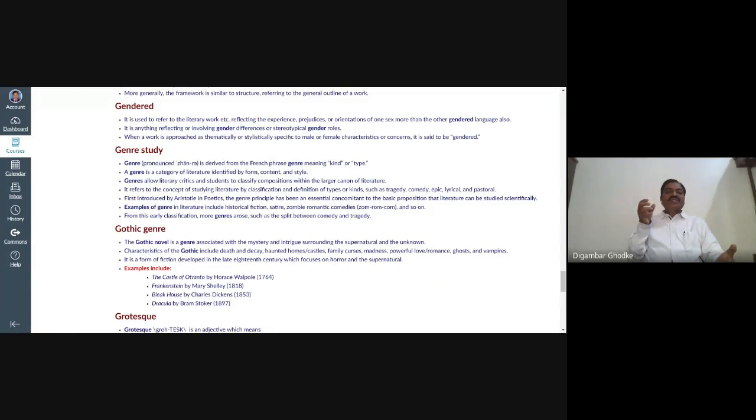So gendered is the term that can refer to anything reflecting or involving gender differences, which differentiates between man and woman, or it talks about stereotypical gender roles.